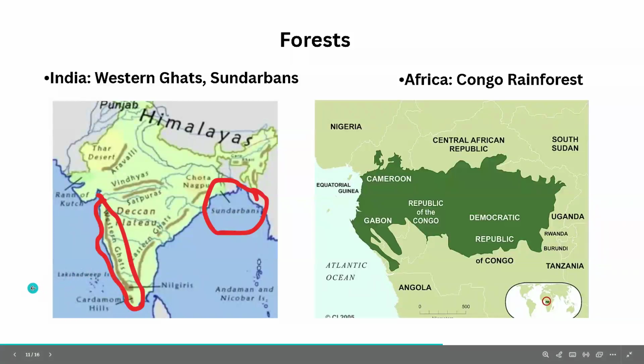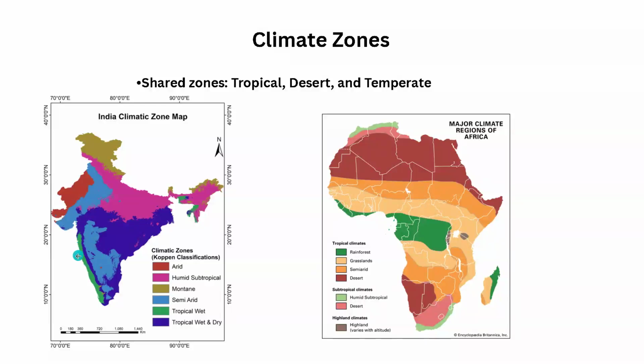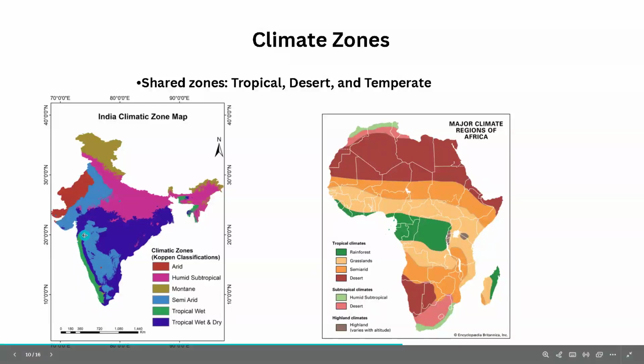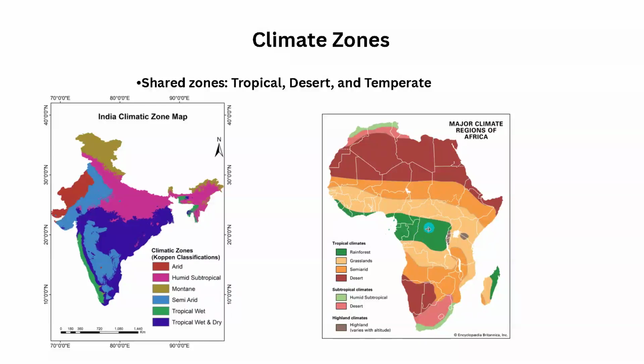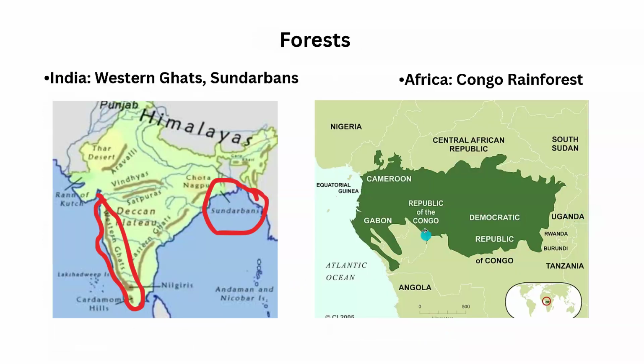In the previous slide, I was talking about Greenland. Okay, so here the Western Ghats, and here also we see the green part, humid subtropical and rainforest. Here in the rainforest you will find heavy rainfall. As the equator passes through this, you will find heavy rainfall, and so thick forest will be seen here.